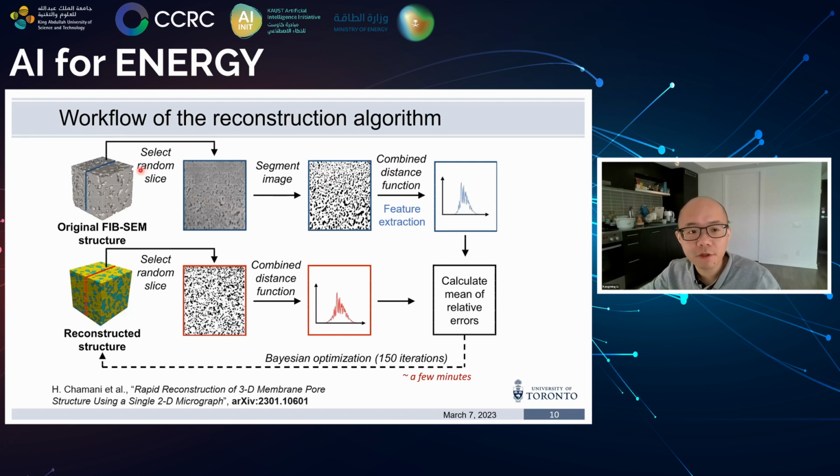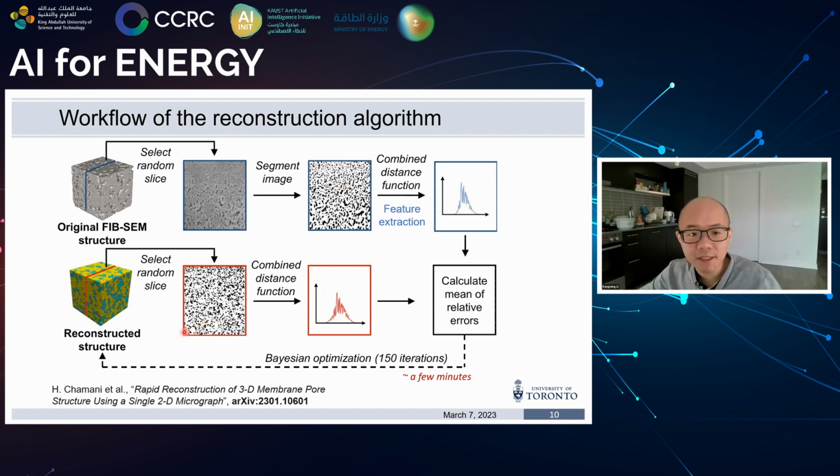So here is the workflow of his algorithm. First, a 2D image is randomly selected from the experimental image dataset of a given membrane and segmented, and then a combined distance function is extracted from this image.